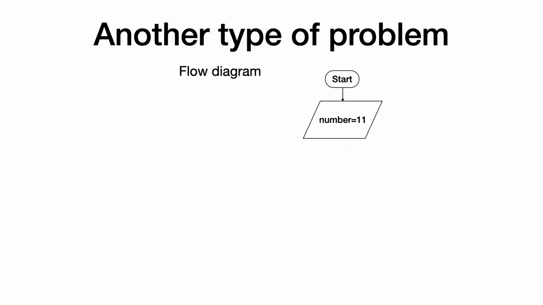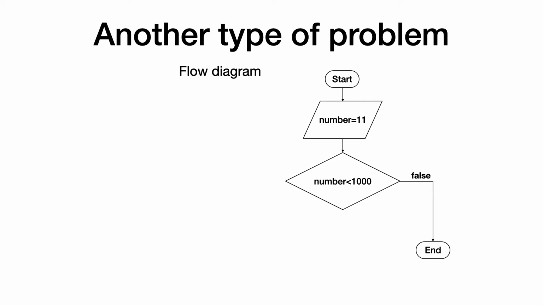We first start and we say number is equal to 11. After that initial value, we check a condition: if number is less than 1000. If it's false, we finish. But if it's true, then we ask another condition. We state the conditional: if the remainder of the division by 2 is equal to 1, meaning the number is odd.